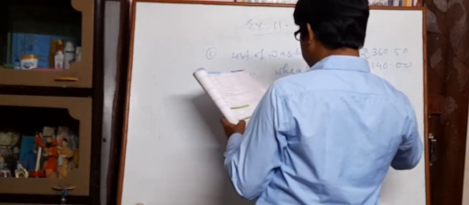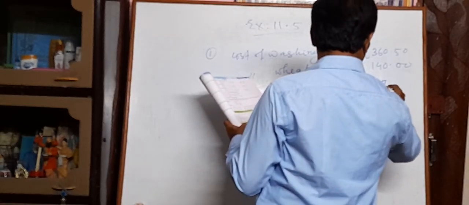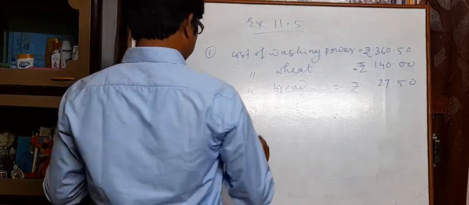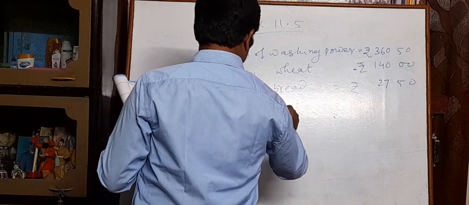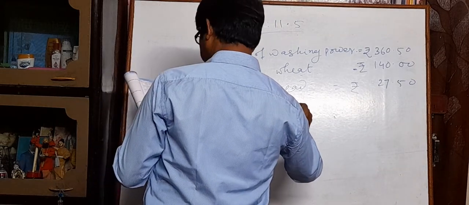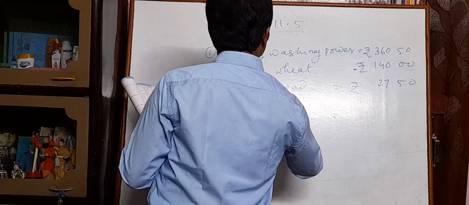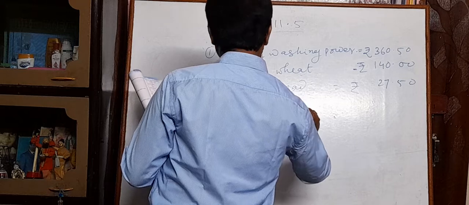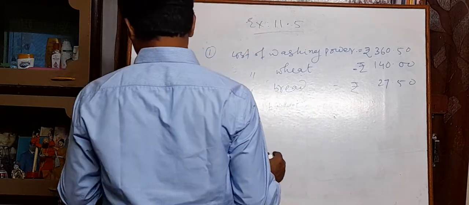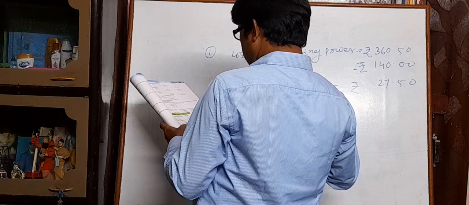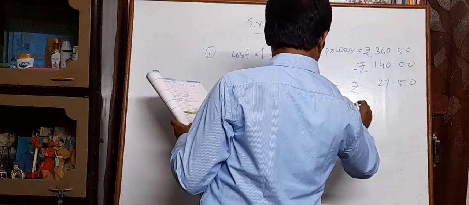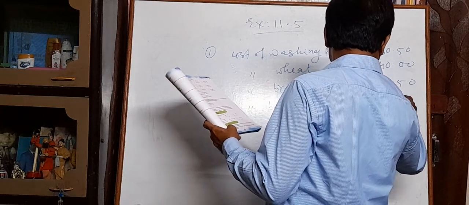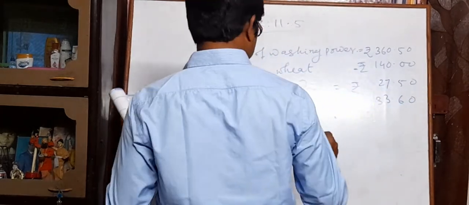Hence rupees 27.50. And then the cost of biscuits. Cost of biscuits is how much? Rupees 33.60. 33.60 means 33 rupees 60 paisa.